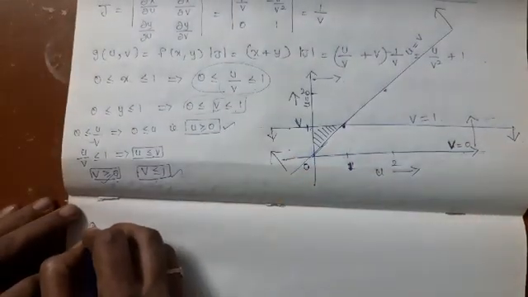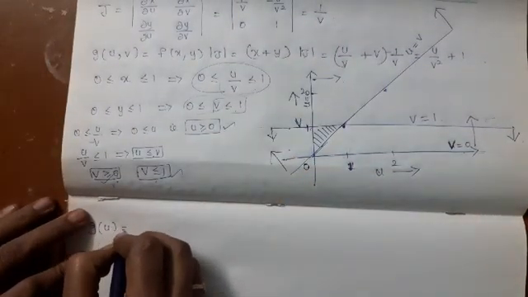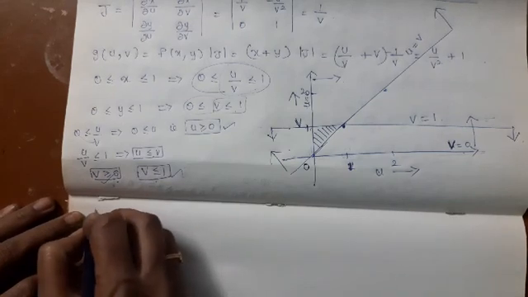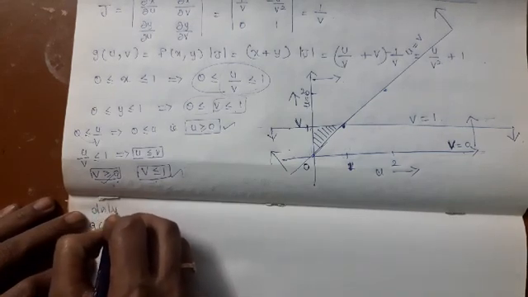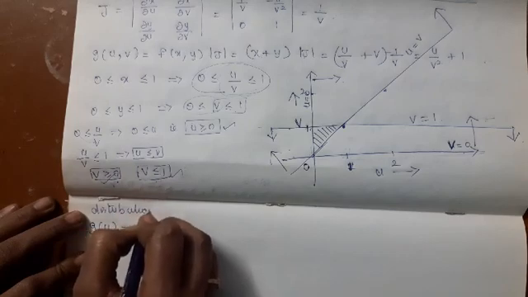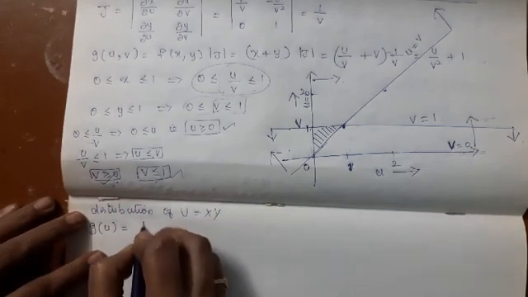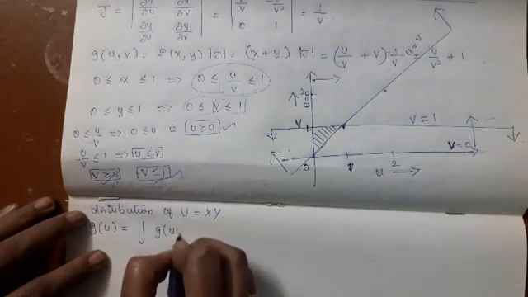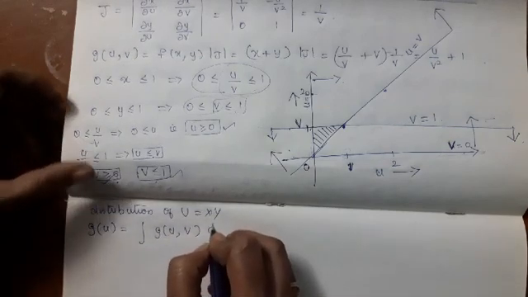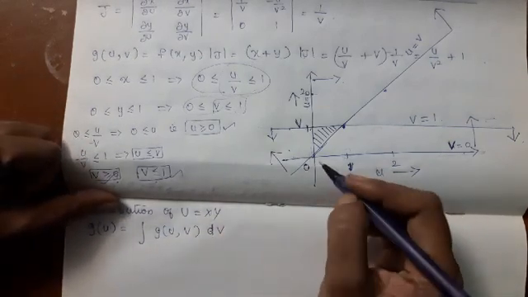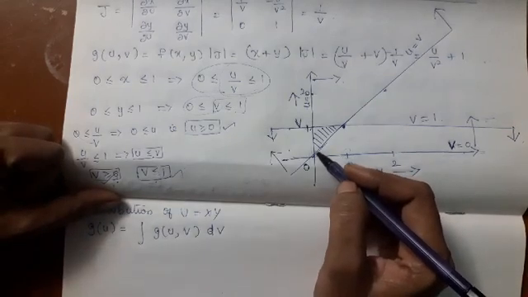Now let us come to the next part. We are in need of the distribution of u is equal to xy. So g of u is, you should integrate g of u comma v with respect to v. With respect to v, what is the range for v?